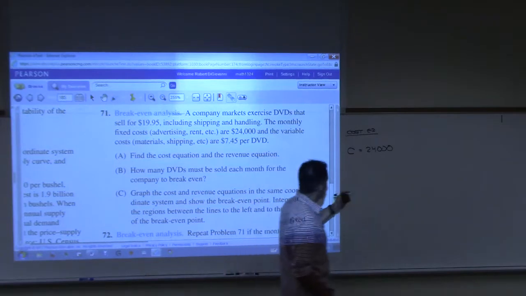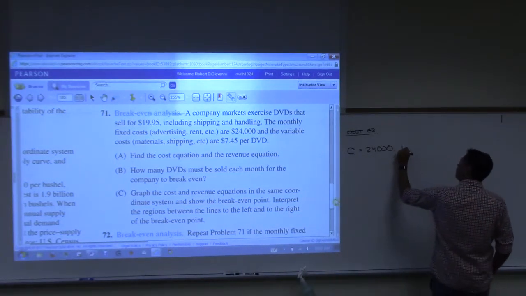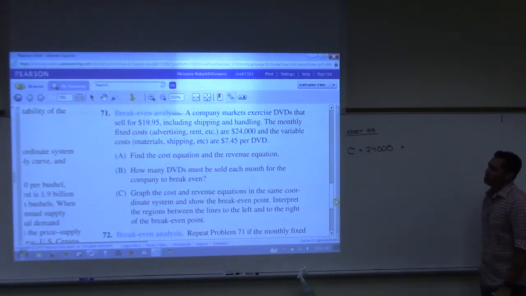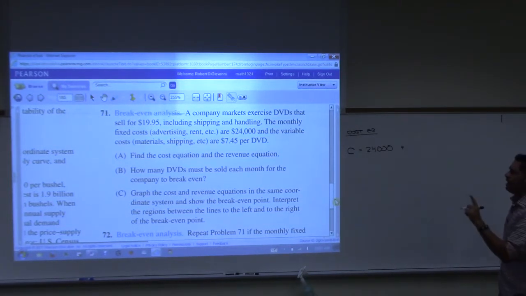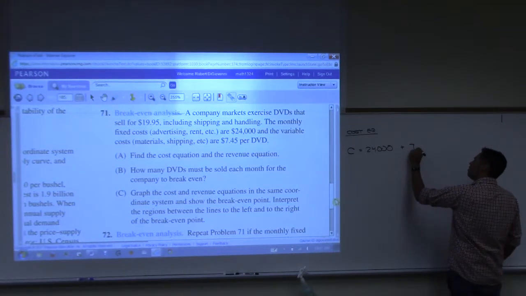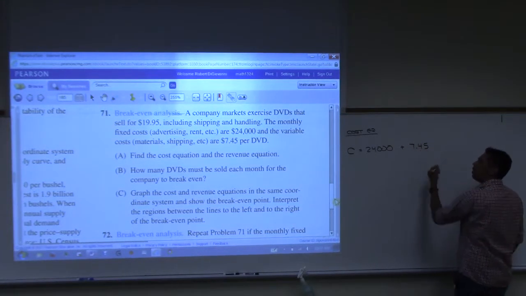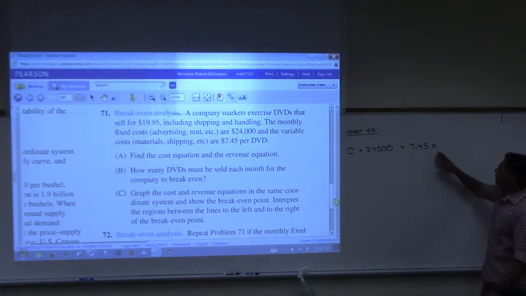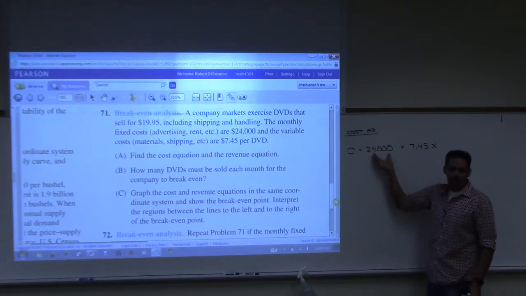Plus what? 19.95 or 7.45? Which one is it? 7.45. So $7.45 per DVD, right? We can call it X. So if they manufacture no DVDs, zero, then they're going to have their fixed cost.